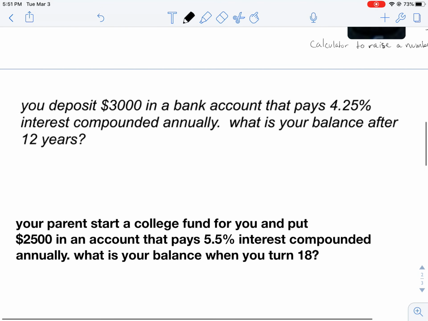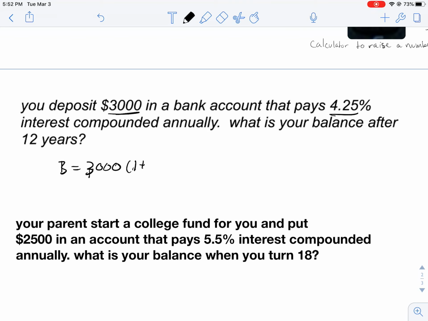Okay, so same thing here. It's going to be compound interest. So you deposit $3,000 in a bank account. So that $3,000 is our principal. Now you're going to times that by 1 plus your rate. The rate here is 4.25%, so I'm going to move that decimal over and make it a decimal instead of a percent. And then just raise it to the 12th power for 12 years.